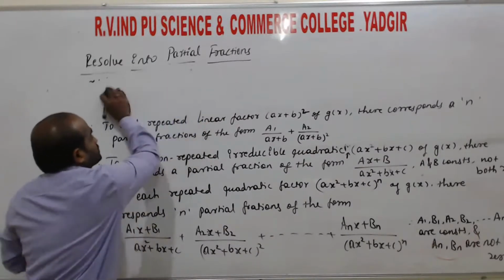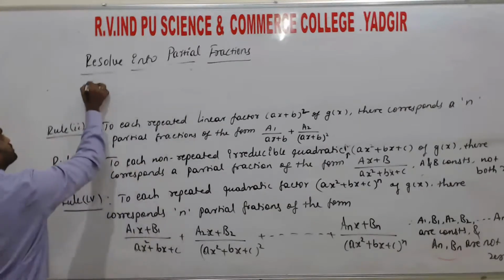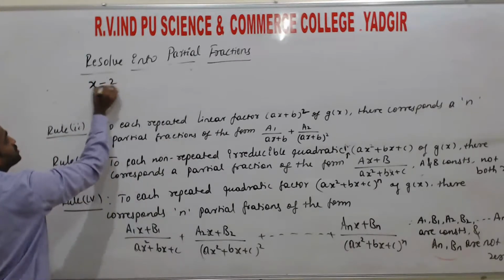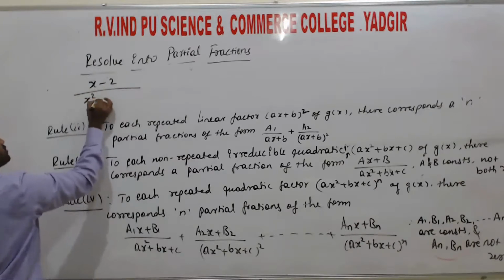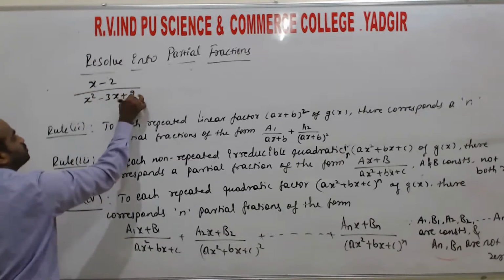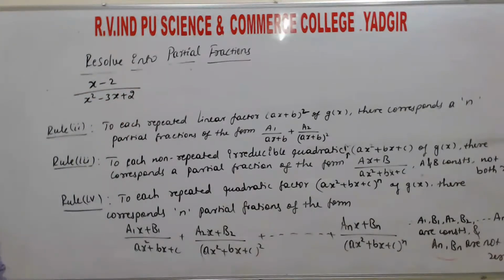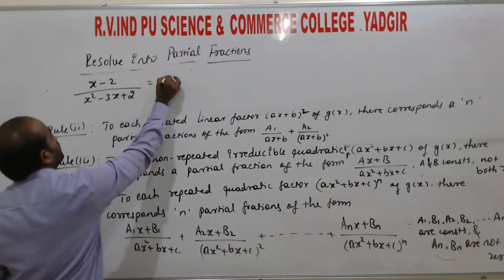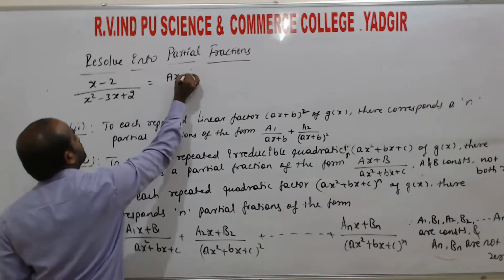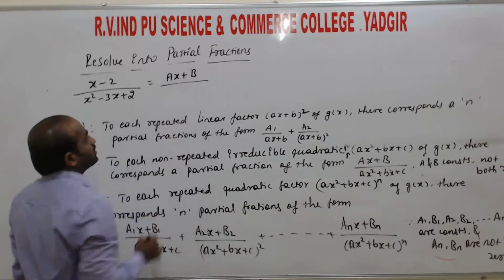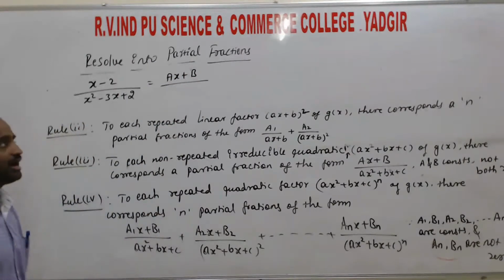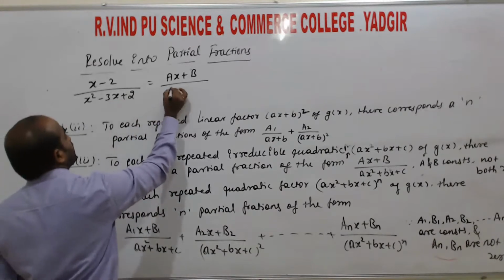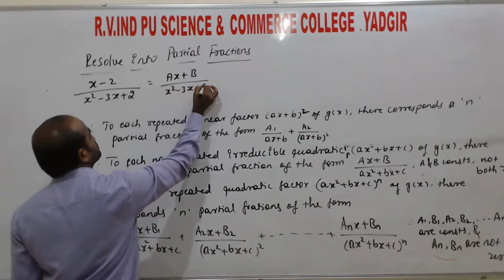Third rule: (x minus 2) divided by (x square minus 3x plus 2). This is a quadratic form, so (Ax plus B) divided by (x square minus 3x plus 2).